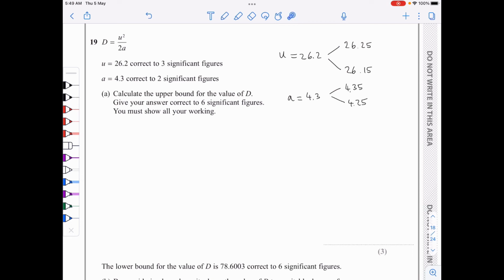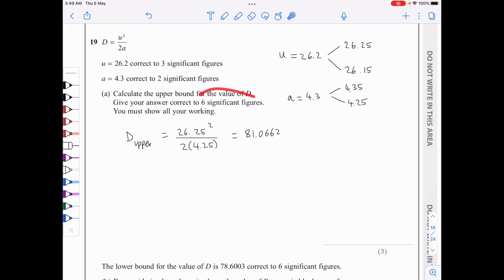Now, to find the upper bound for D, to make D as large as possible, I need to make U as big as possible and A as small as possible. So, the upper bound of D will be 26.25 squared over 2 times 4.25, which turns out to be 81.0662.